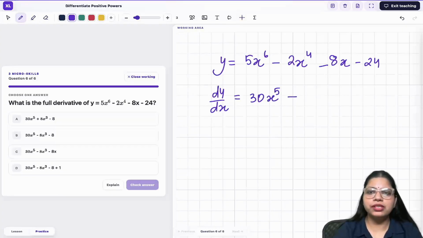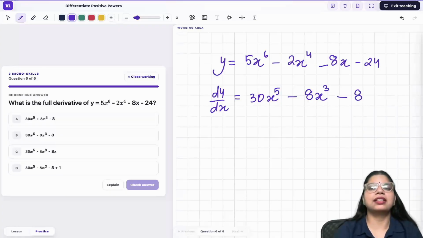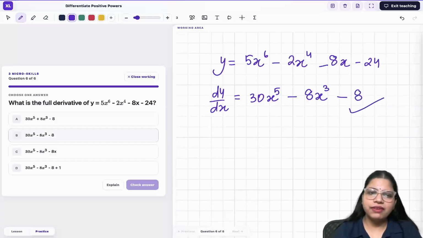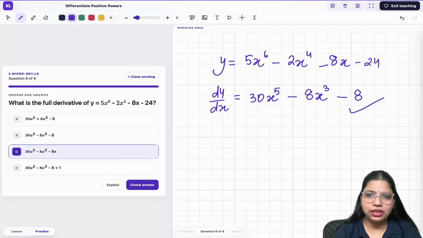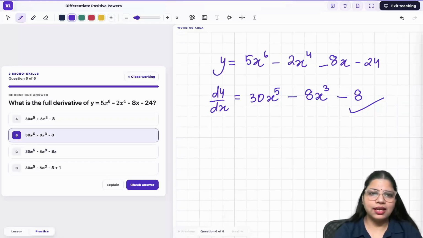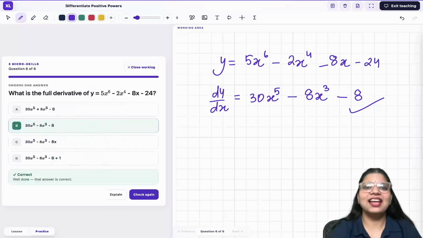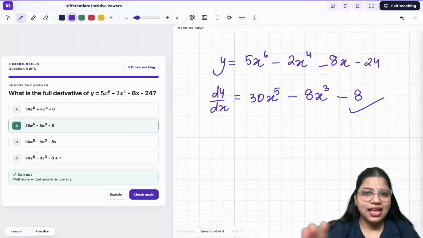Minus 4 times 2 is 8. Reduce the indices by 1, that's 3. Minus 8 only, and that's 0. This is our final answer that matches with, not this, sorry, I guess this one. And yes, that's it about the practice. I hope you've understood this. In the next lesson, we'll talk about negative indices.